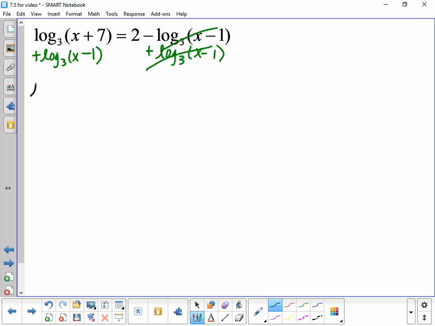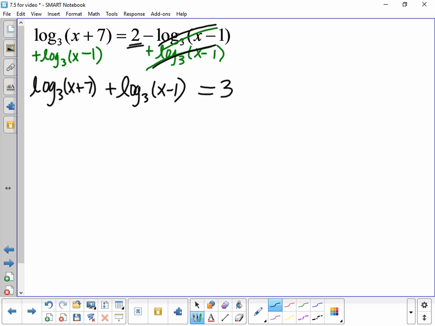So if I rewrite my entire equation, I had originally the log of x plus 7. I'm adding to that the log base 3 of x minus 1. And at this point, it's all just equal to 2. The 2 is the only thing left because that log reduced. And I wrote 3. Wow, go team. I'm saying 2, but I'm writing 3. Equal to 2.